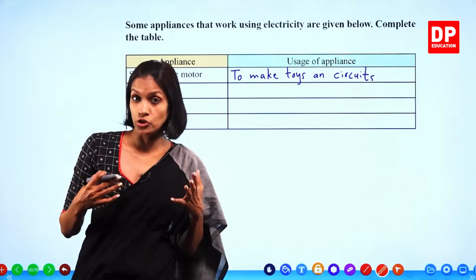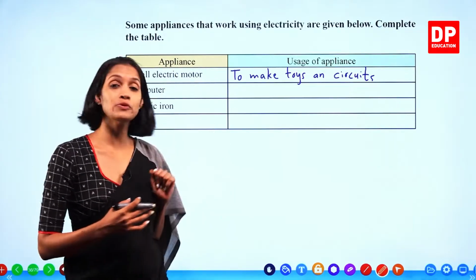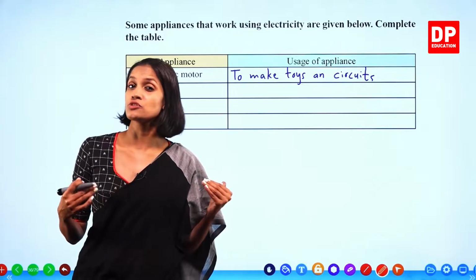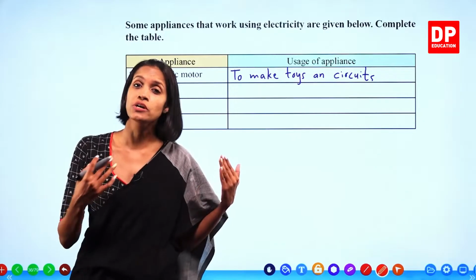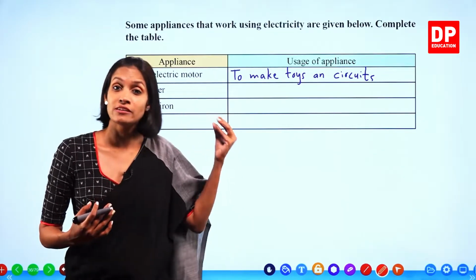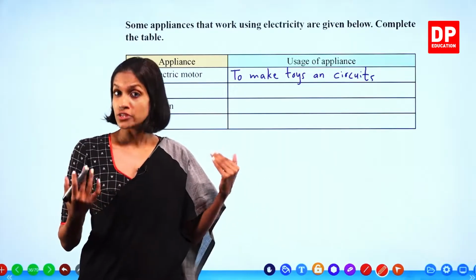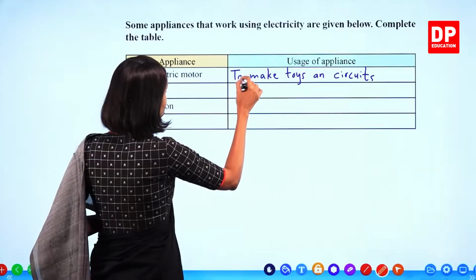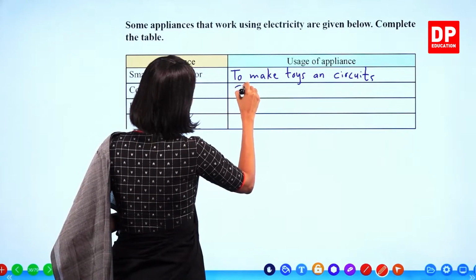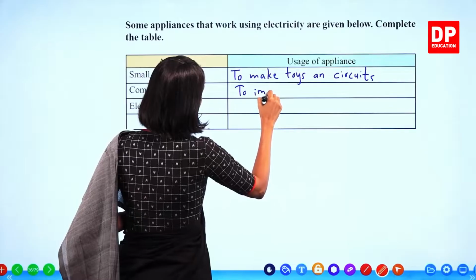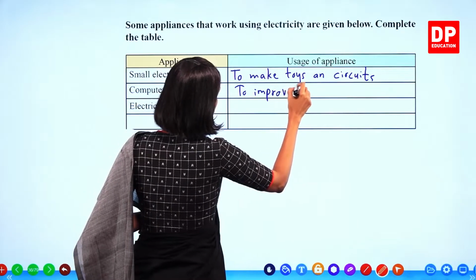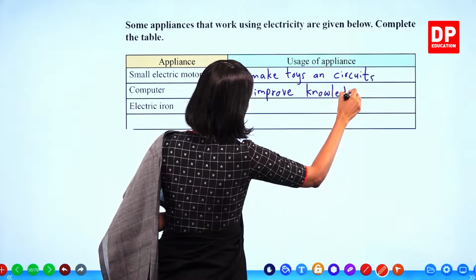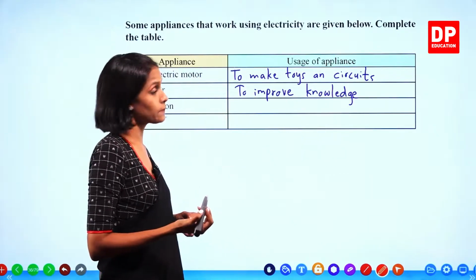We can obtain new knowledge using the internet through the computer, and also for entertainment the computer is important. So we can listen to music, we can watch movies. So for entertainment, to learn new things, right? To obtain knowledge, we need the computer. We'll write computer. To improve knowledge. You can add the other things too, okay?